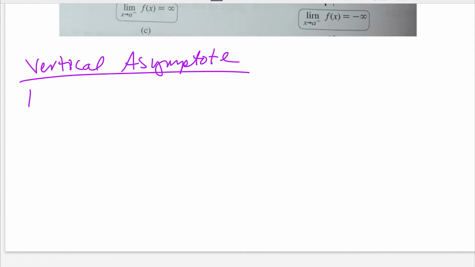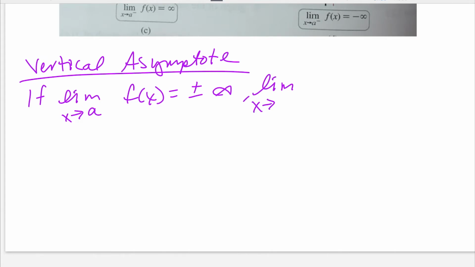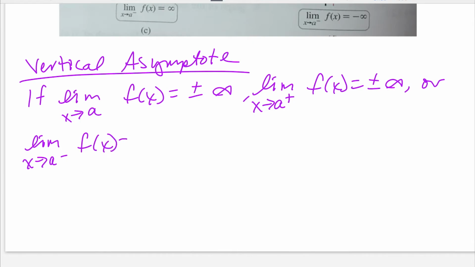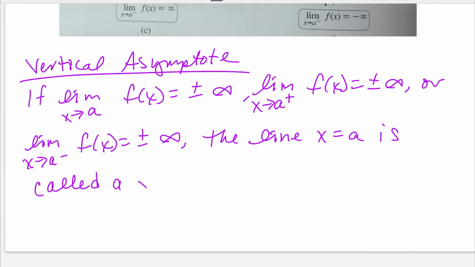All right, so if the limit as x approaches a of f of x is equal to either positive or negative infinity, and the limit as x approaches a from the right of f of x is equal to positive or negative infinity, or the limit as x approaches a from the left of my function is equal to positive or negative infinity, then the line x equals a is called a vertical asymptote.